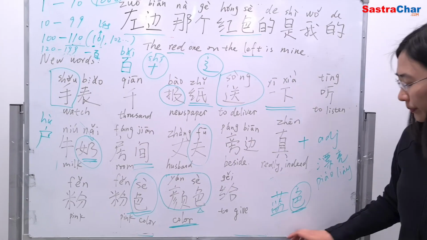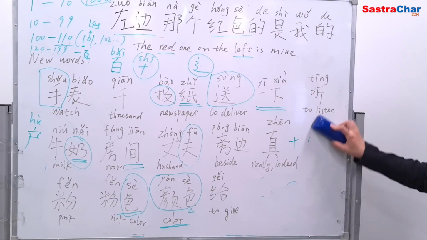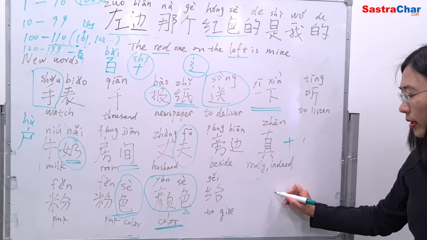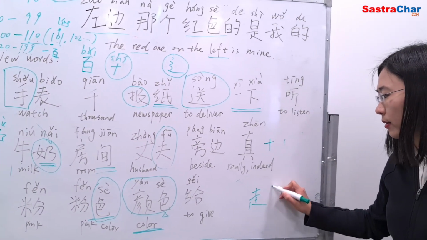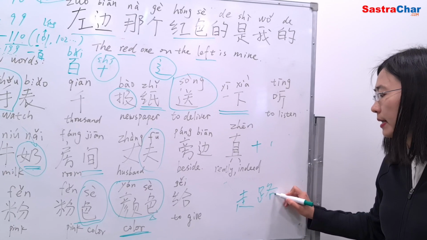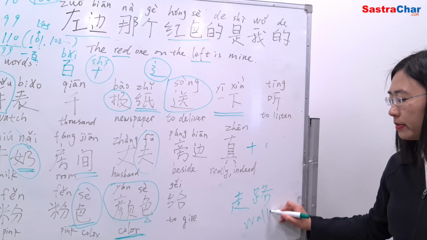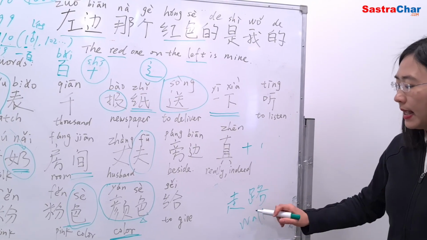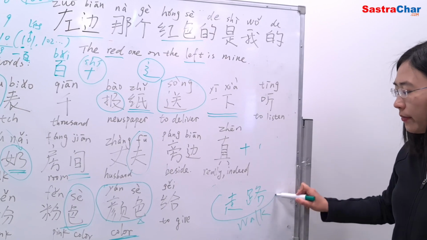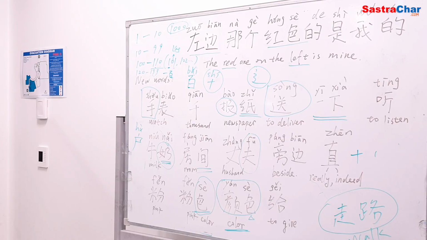For example, the word 走路, okay? The word 走路 means walk. And which word carries the meaning of walk most? Yeah, the first word, 走. 走 means to walk. And 路, actually, 路 means the road.